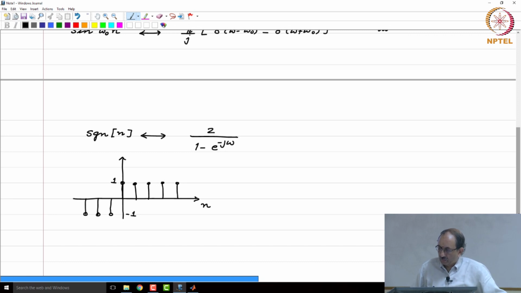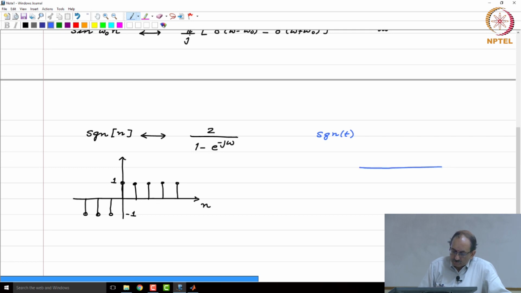And the reason I am mentioning this is that in the continuous time case, you had sgn of t, and its definition was like this. So this is t, this is sgn of t.